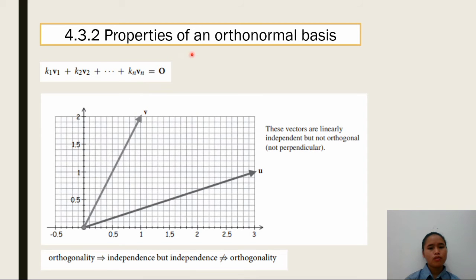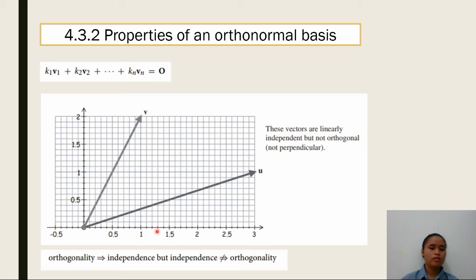Properties of an orthonormal basis. So this is a formula. We have already learned about the formula in the previous chapter. From the picture, we have to know these vectors are linearly independent but not orthogonal, or not perpendicular.